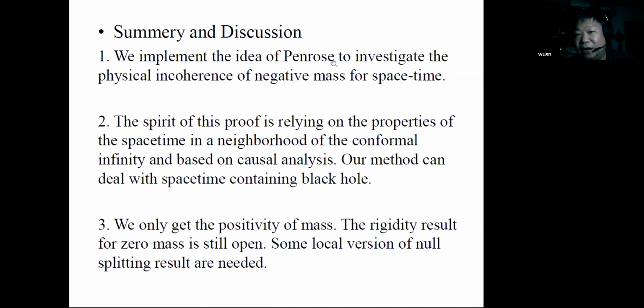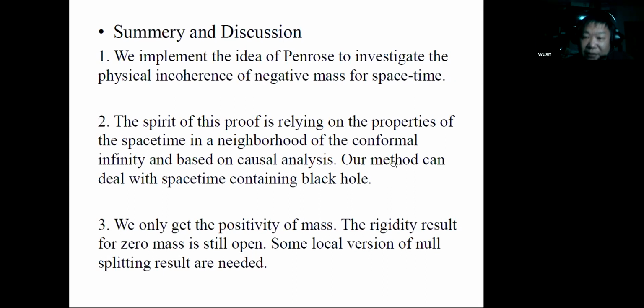That is the original idea of Penrose. Secondly, the spirit of the proof relies on the properties of the spacetime in the neighborhood of the conformal infinity. That means we only need the properties in the neighborhood of the spatial infinity, of course only based on the causal structure of the spacetime.